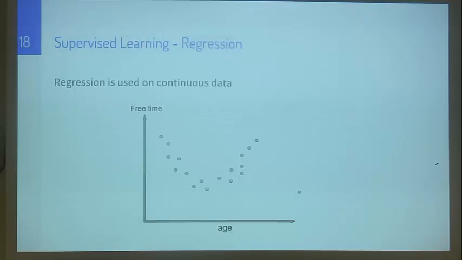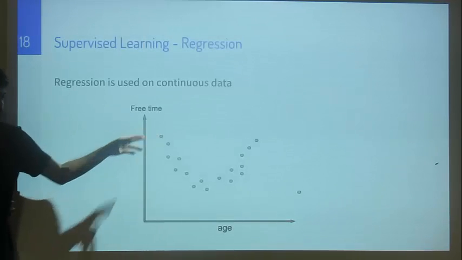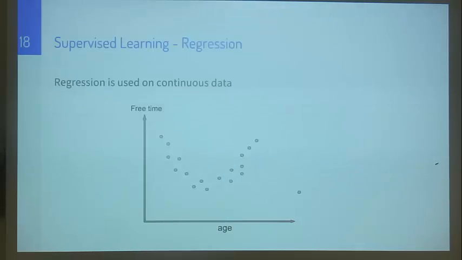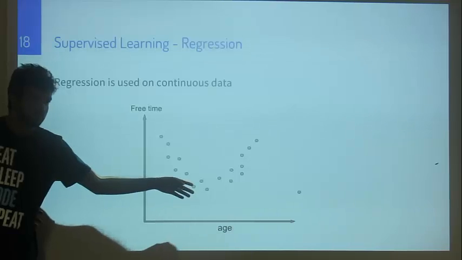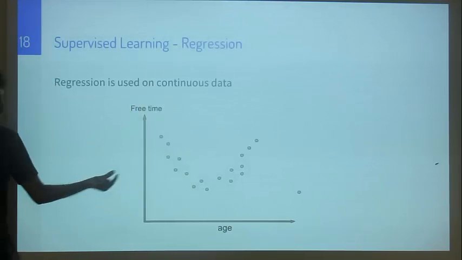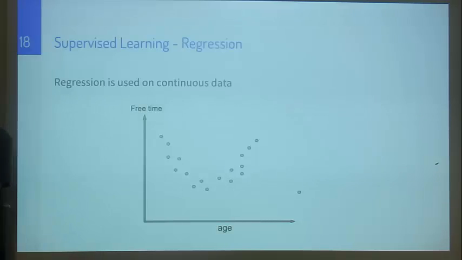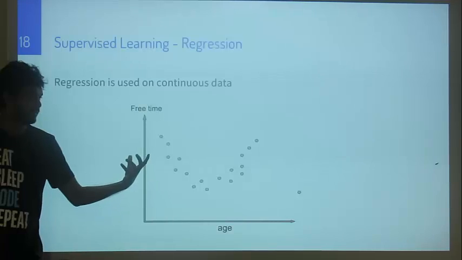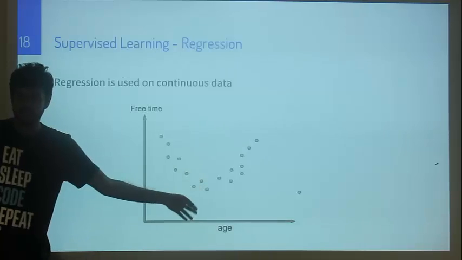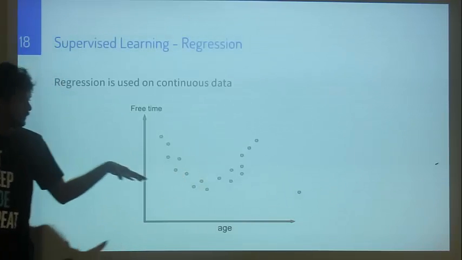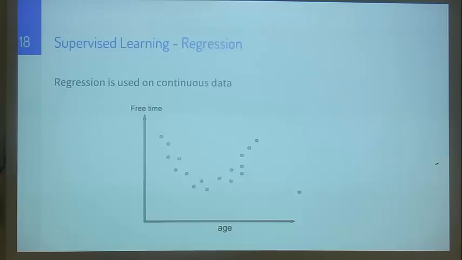If you are 5 years old, you are not going to school and you have a lot of free time for yourself, right? But as you progress in your age, your free time goes down. You cannot get the value for every single second of your age, right? You just get a small data set. When you come to your middle age, you have your free time at its minimum, right?